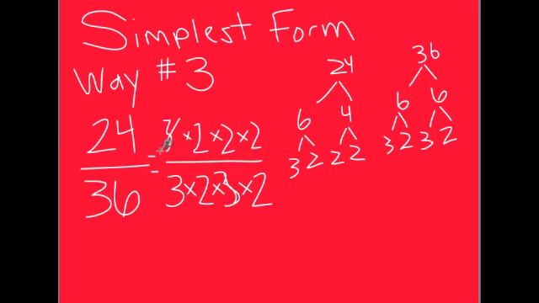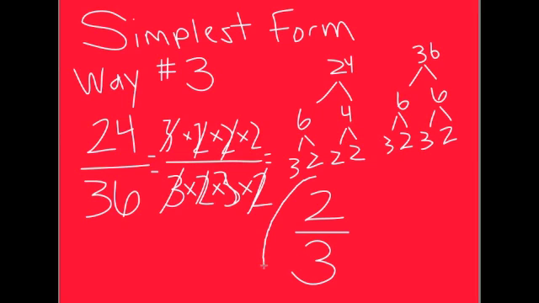Then I know that both the numerator and denominator have a 2, so I cross off the 2. I also see that there is a 2 down there and a 2 up there. Now what I'm left with is the equivalent fraction of 2 over 3. And I know that's in simplest form because the only number that can divide the numerator and denominator evenly is 1.